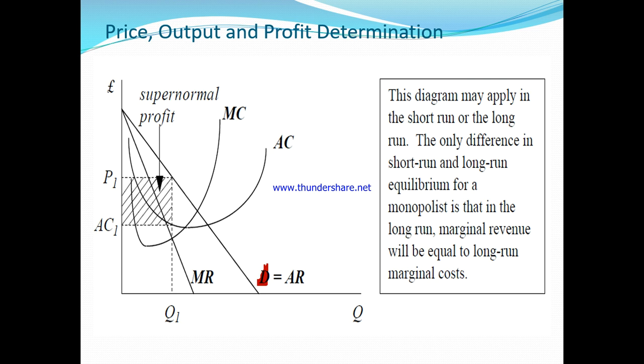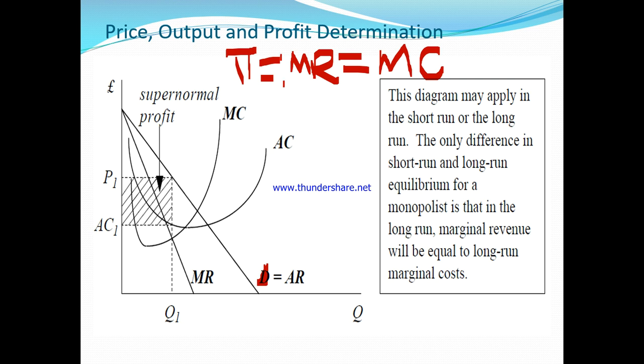But of course, we know that profit maximizing output is found at the point where marginal revenue is equal to marginal cost. So we have the marginal revenue curve, this one, and the marginal cost curve.